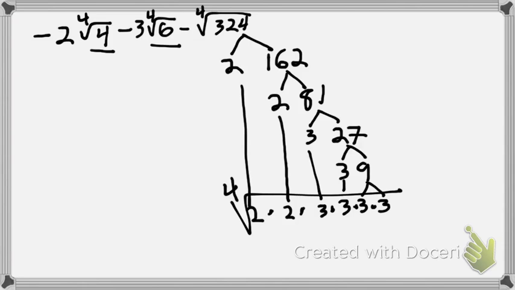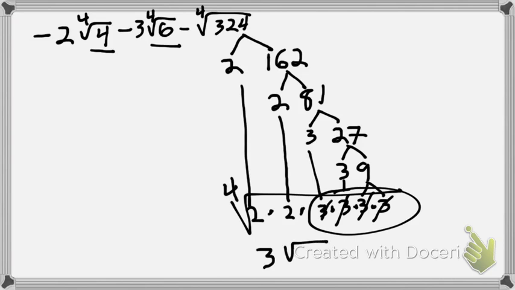Now notice that we have a whole bunch of 3's there. Specifically, we have 4 3's. And because our index is 4, that means for every 4 3's we have underneath the radical sign, we can move 1 out. And what do we do with what's left over?